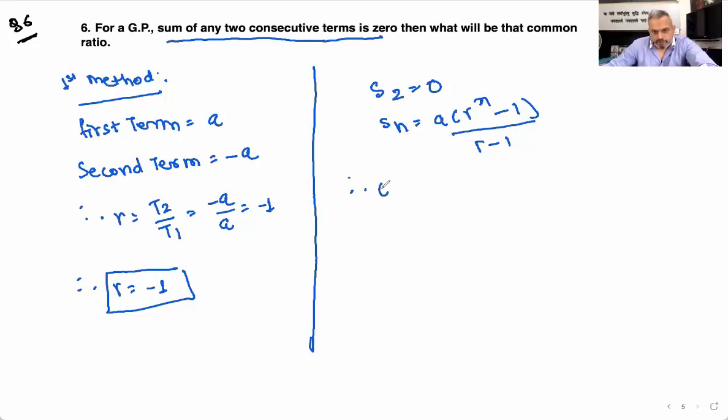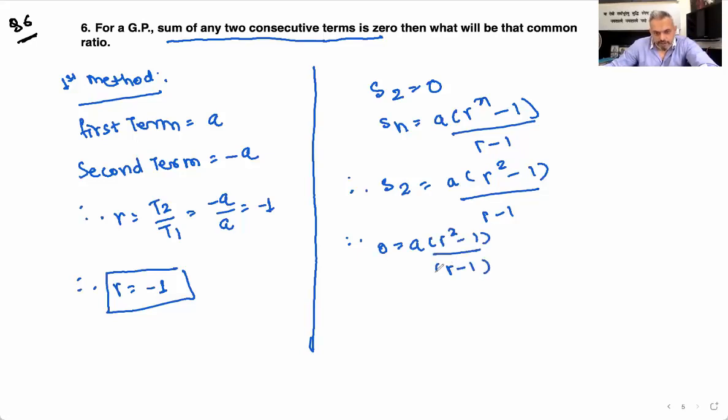Therefore, S2 is equal to A into R raised to 2 minus 1 upon R minus 1. Therefore, 0 is equal to A into R raised to 2 minus 1 upon R minus 1. Now, R minus 1 multiplied with 0 will become 0. So, therefore, A into R square minus 1 is equal to 0.